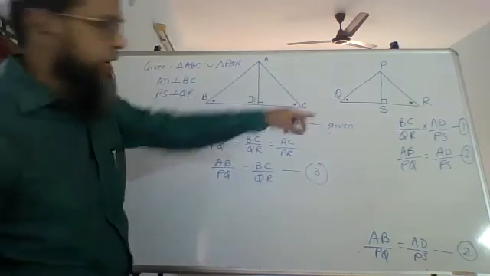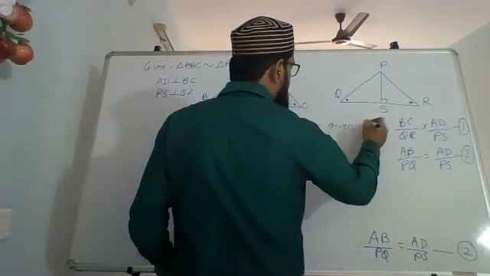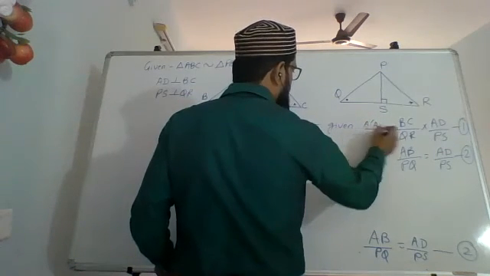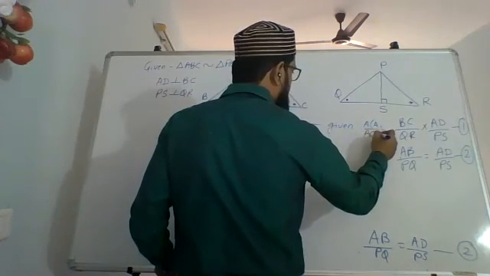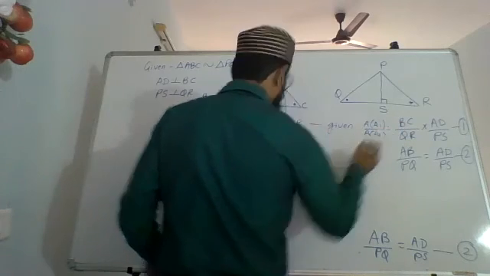This was area of triangle 1 upon area of triangle 2, isn't it?